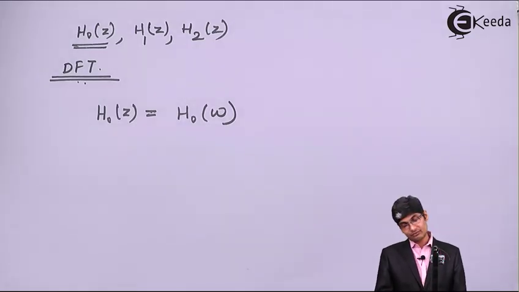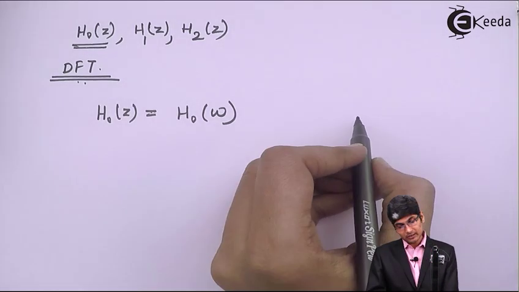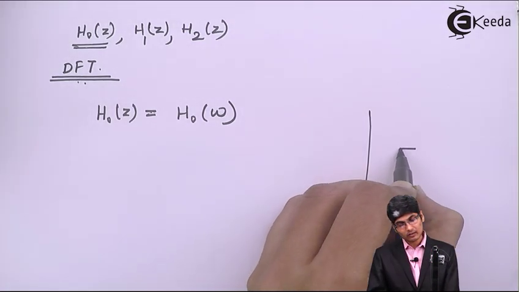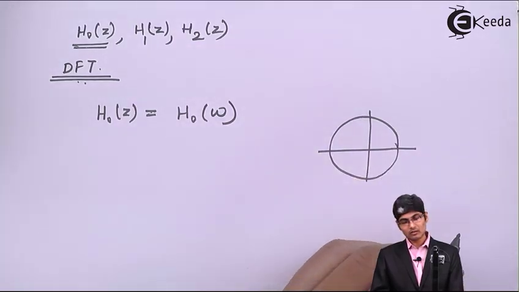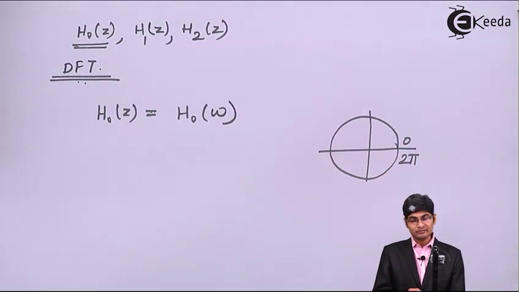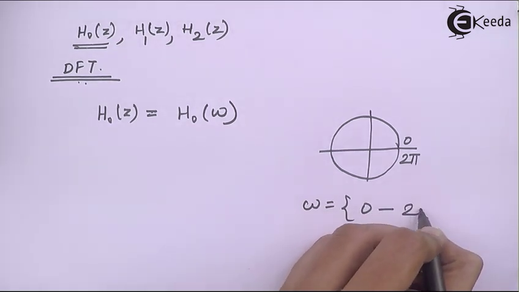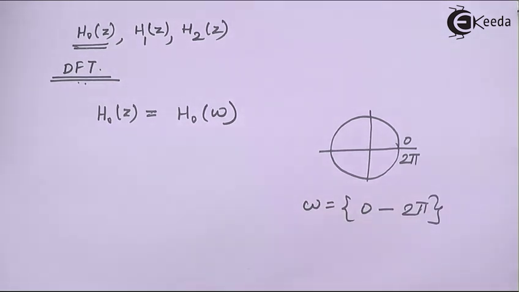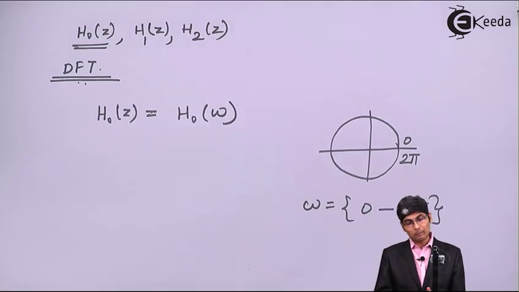by a factor of 2 pi by n. So the total shift, you know that omega is a complete circle which will start from 0 and end at 2 pi. So now my omega has an interval of 0 to 2 pi, and this frequency spectrum I will divide into subparts.